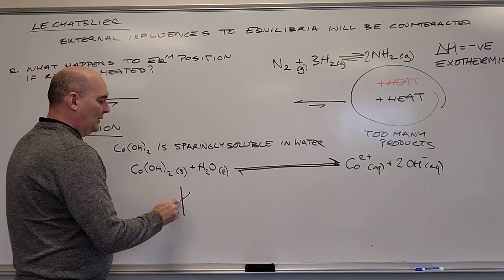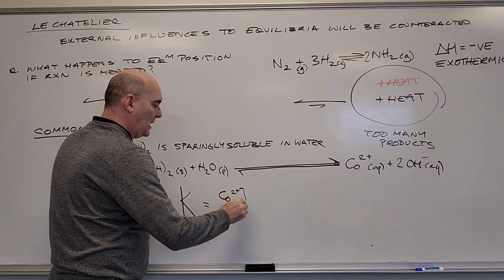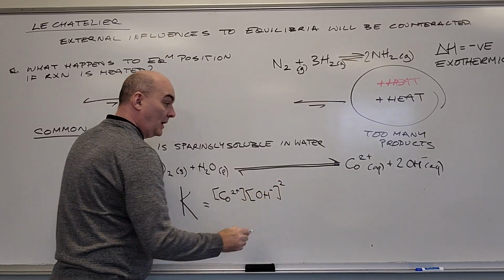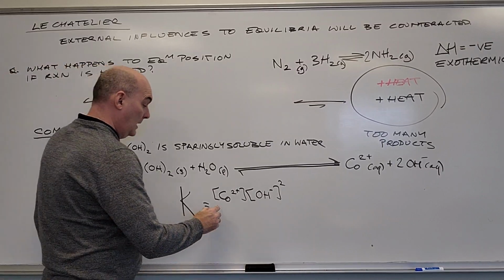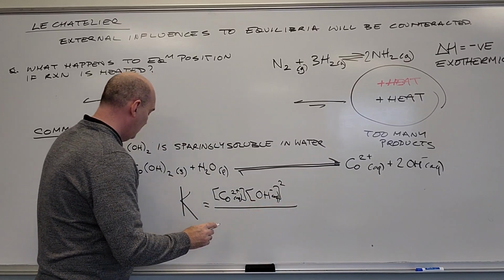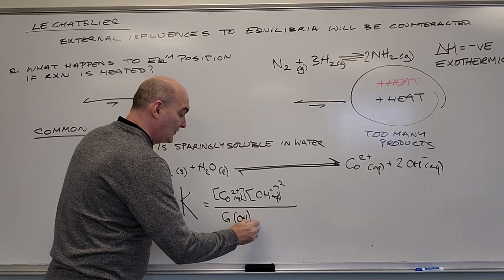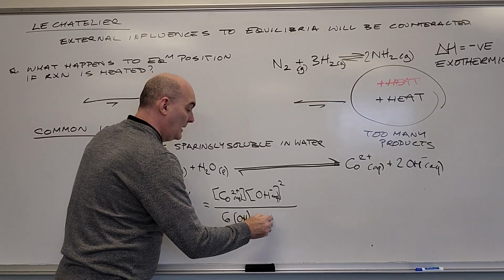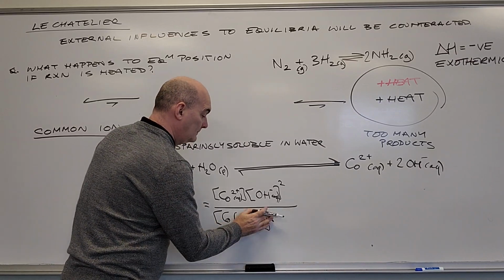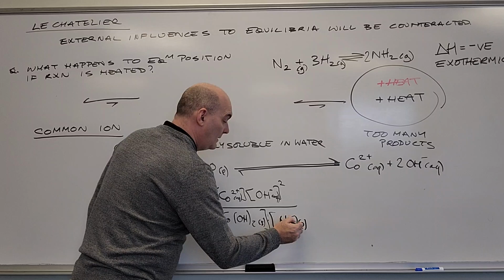When you write the value of K, the products are the cobalt ion and the hydroxide ion squared, because there's 2 of them, divided by, these are aqueous solutions, my original cobalt hydroxide, which is a solid, and multiplied by the concentration of the liquid water.